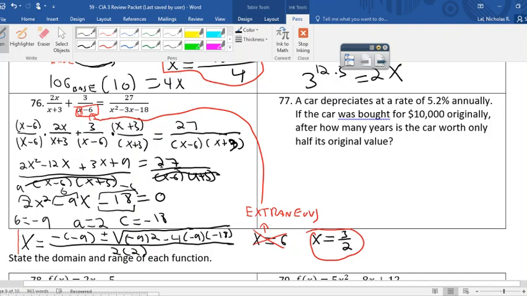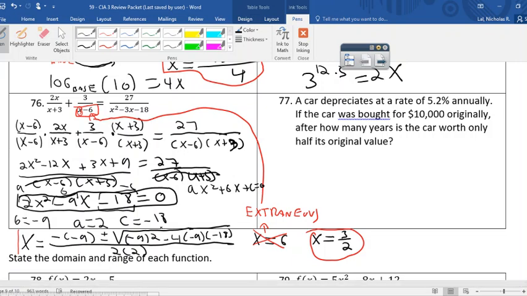I got negative 18 because I ultimately got the quadratic equation 2x squared minus 9x minus 18, and I use the quadratic formula for ax squared plus bx plus c equals 0. So a is 2, b is negative 9, and c is negative 18.